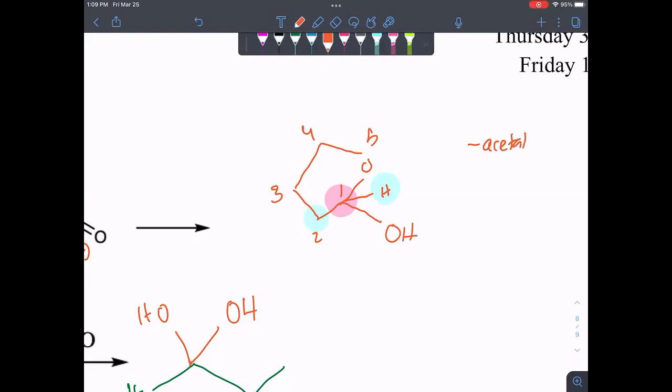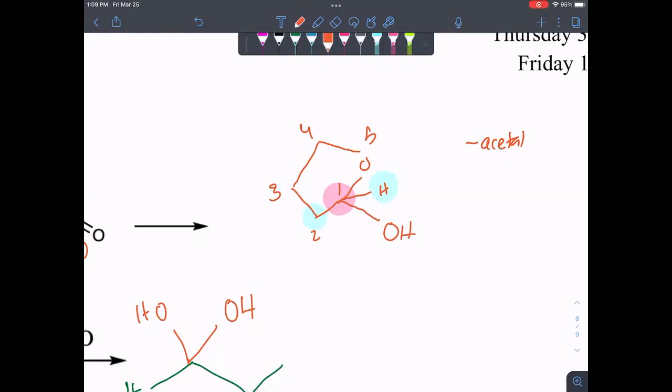So if that is 1 R and 1 H, it's an acetal. So we know this is either a full acetal or a hemiacetal. And then how do we know if it's hemi or not? You look at the oxygens. If you have 2 different groups on the oxygens, then it's hemi, and if it's the same, it's a full acetal. So you look at the groups attached to the oxygen. You can either have an R attached to the oxygen, like in this case where you have more carbons attached on the side, or looking at this oxygen, you just have an alcohol with a hydrogen attached to it.